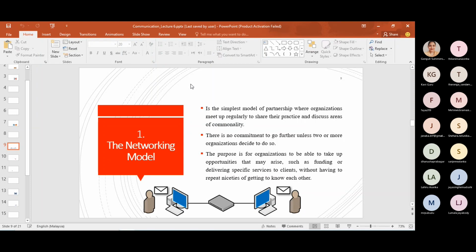Likewise, there are opportunities and needs that arise from time to time, right? So this networking model is to address these opportunities and needs that arise from time to time.